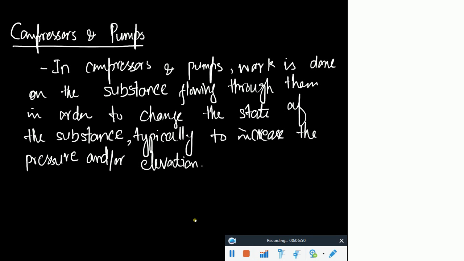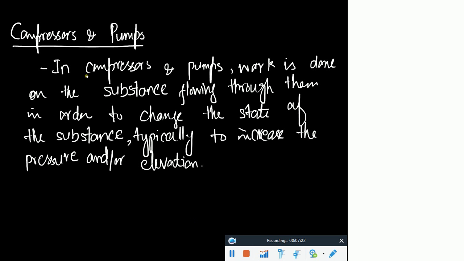They need to generate a pressure difference which can pull the water from the lowermost tank to the topmost tank, and you do it by supplying electrical energy to it. Remember, you supply electrical energy to it. Basically you do some kind of work on the system. Just look at the definition. Work is done on the substance, and then finally it does that work on the water, and finally the water goes to the top level.